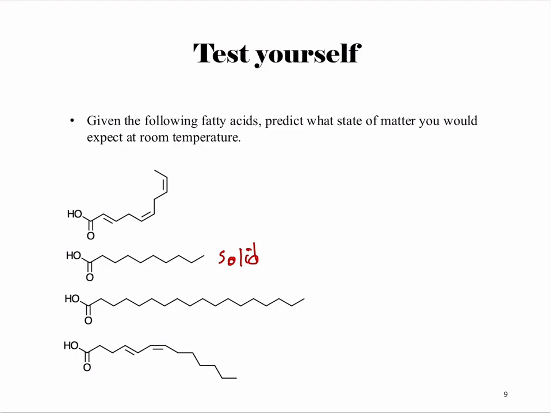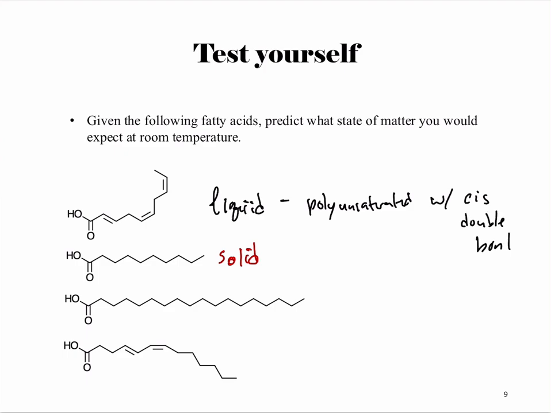What do you guys think the first compound is going to be? It would be solid liquid. Yeah, so you put liquid for this one. And what's the justification for that? Yep, it's polyunsaturated with cis configuration double bonds.